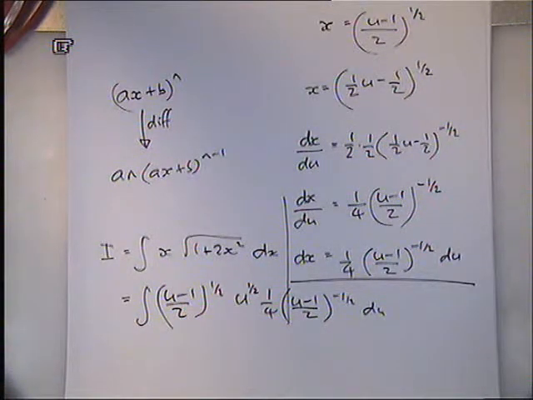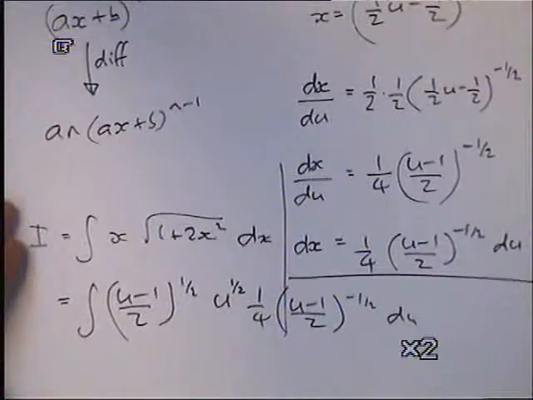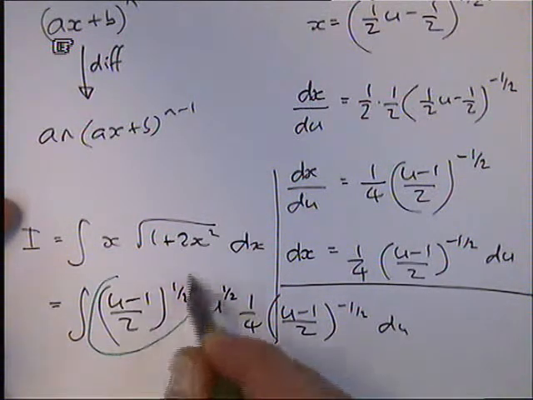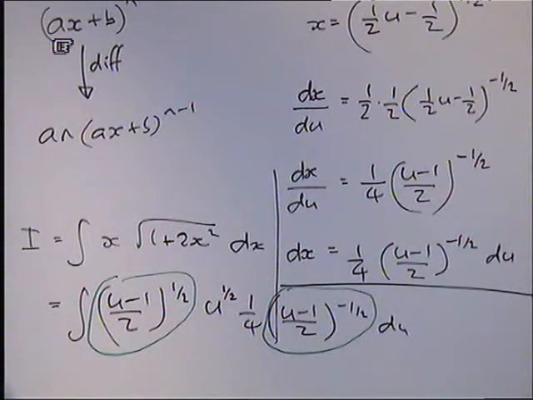And whilst that looks quite ugly and messy, can anybody spot things that happen there which help us out? It's the minus 1 over 2 and the minus 1 half, which is the first half. That and that are the same bracket. They're being multiplied together.